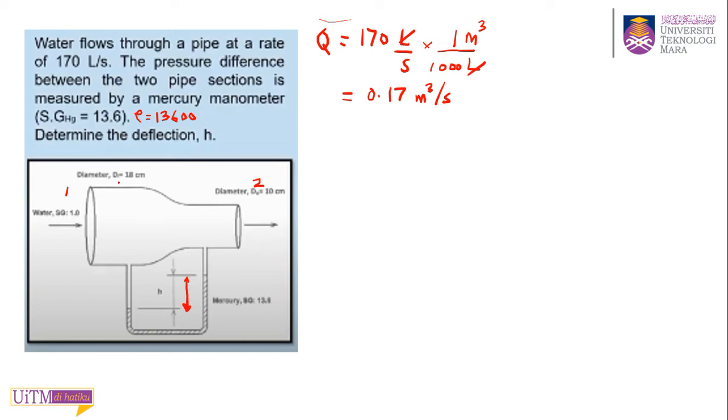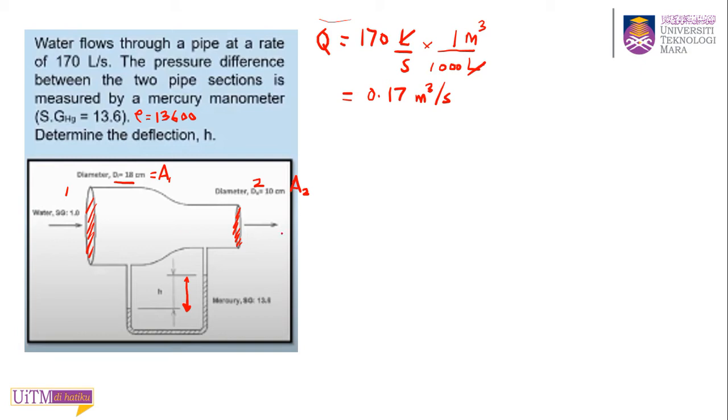They give you the diameter, so this means you can get your area 1 here, and they also give you diameter 2, so you can get A2 here. Okay, what else do you have? That's all.